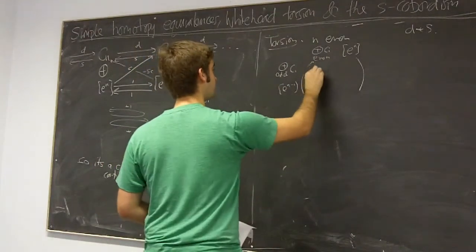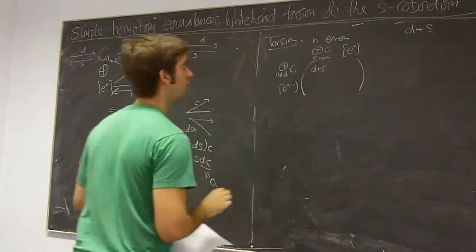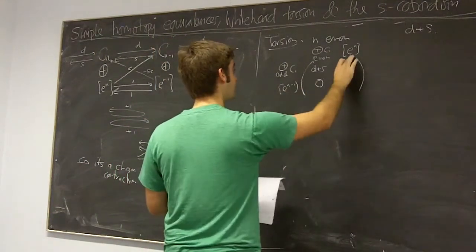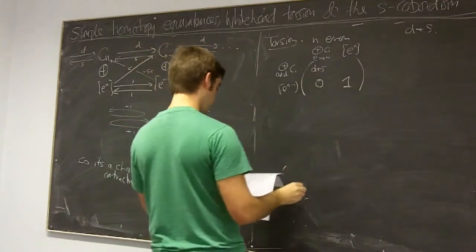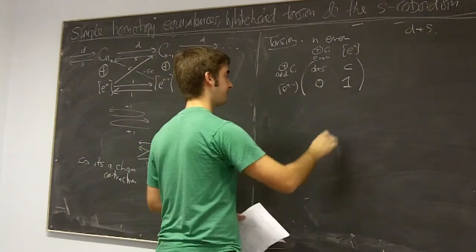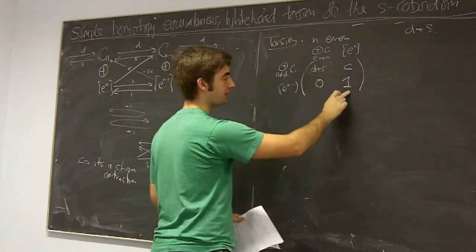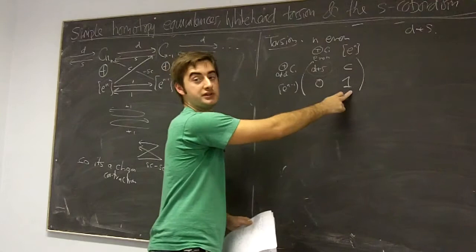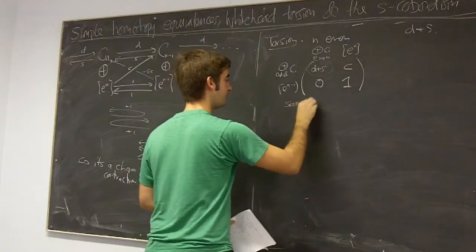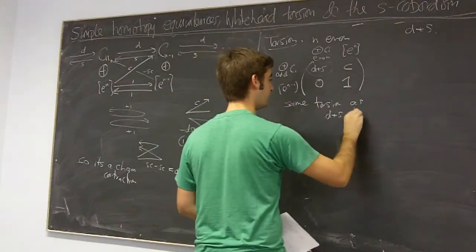So the matrix is, we just have the original d plus S, from, was it odd to even? This might be the other way around. 0 here, this maps 1 there, and we also have c here. But this has the same torsion as just d plus S, because we can obtain this c by elementary row operations from this 1. So this has the same torsion as d plus S had before.